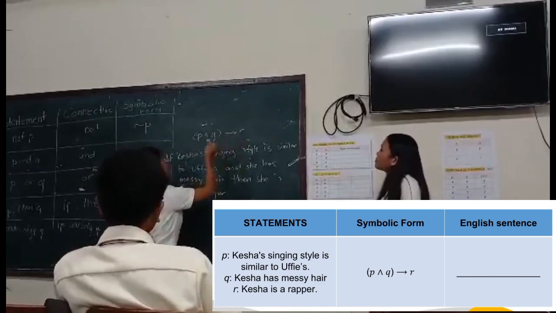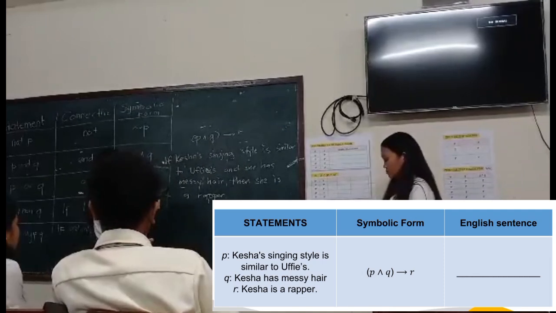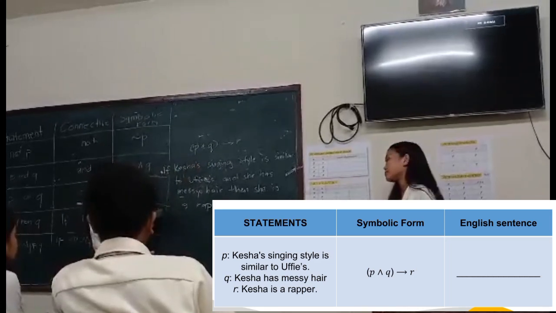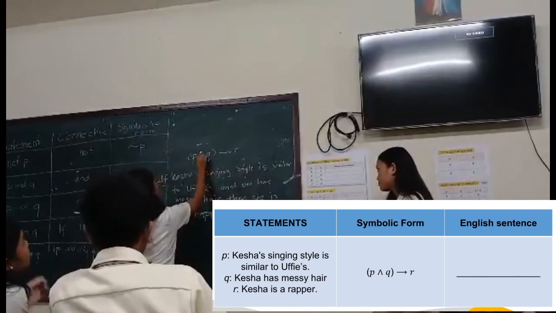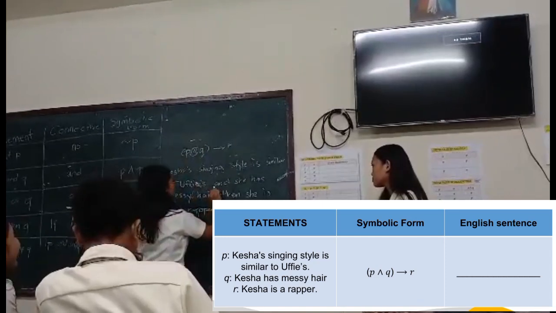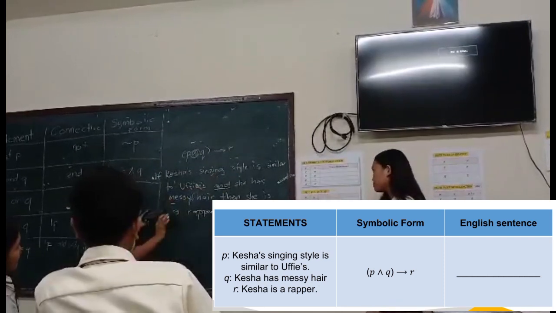So we have that P statement, which is Kesha's singing style is similar to UP's. So ang connective natin is if and then. So if Kesha's singing style is similar to UP's, then itong symbol natin is yung N, di ba? So ang Q statement natin is Kesha has messy hair.